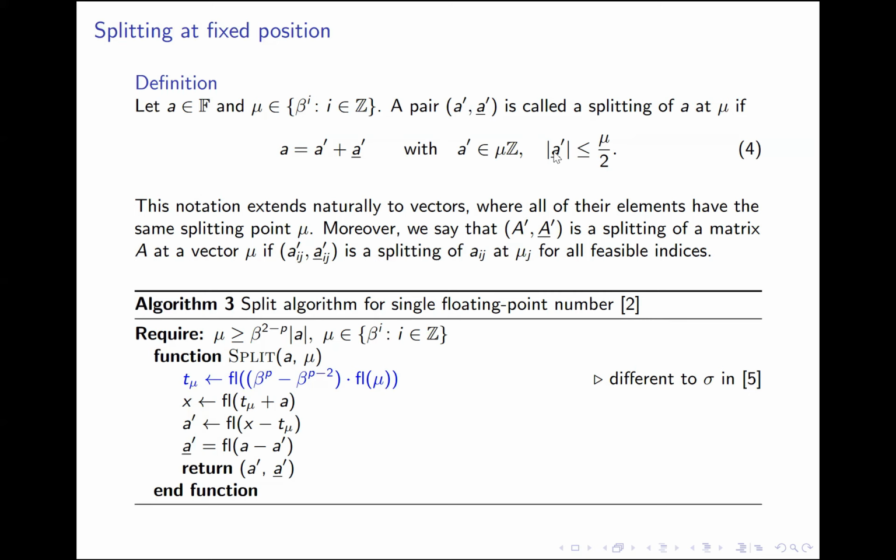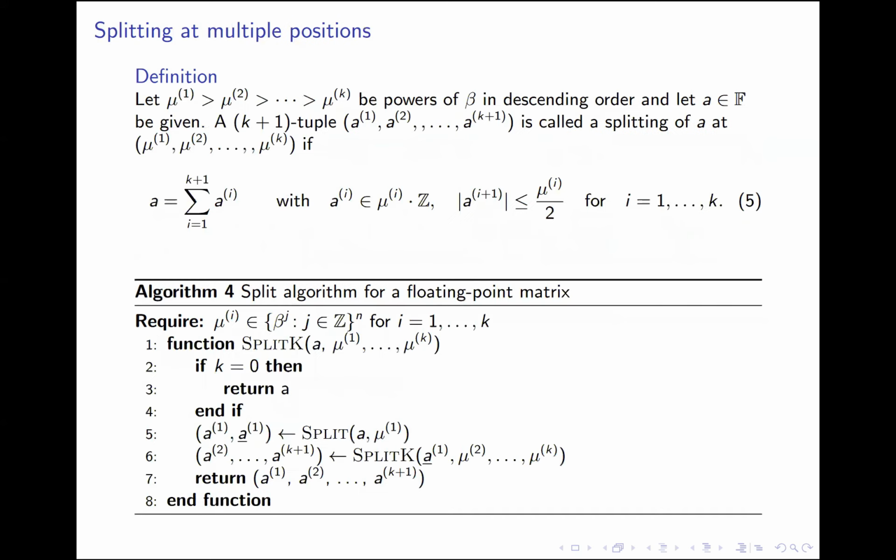And this condition is the big difference to Ozaki's original approach, because there, if you use the power of 2, then depending on the sign of A, that might be true or not. So there we lose 1 bit in the precision. Or the other way around, by applying this splitting scheme with specifically given mu and nu, we gain a factor of 2 in precision for every split that we do.